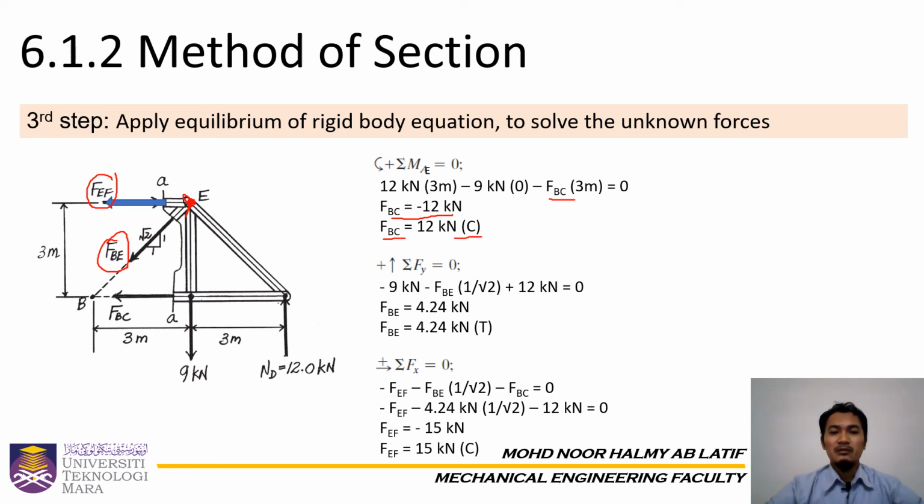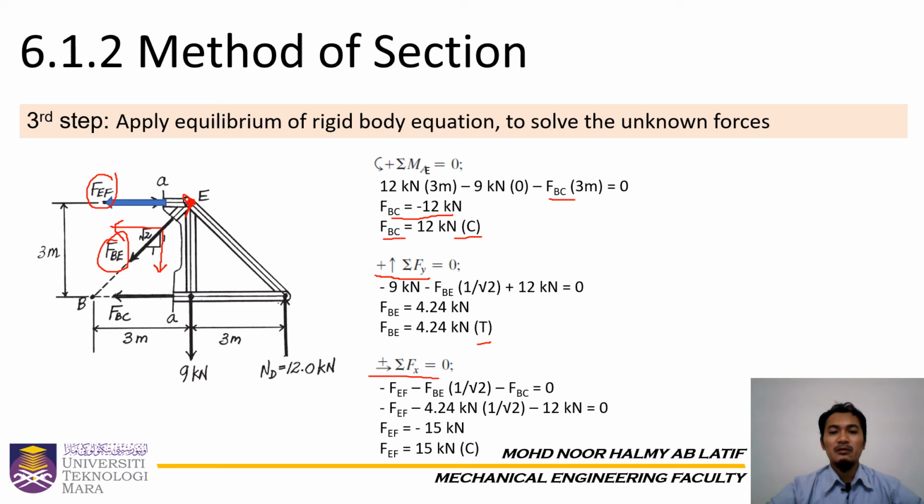By using summation of force in Y direction, we're going to get FBE is equal to 4.24 kilonewton, which are in tension. This force need to be resolved into X and Y component.